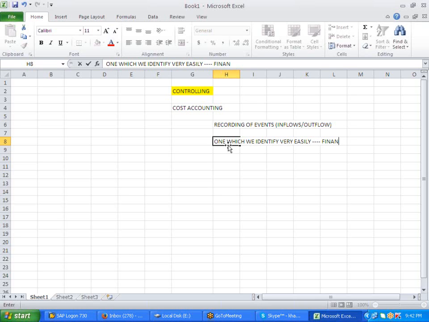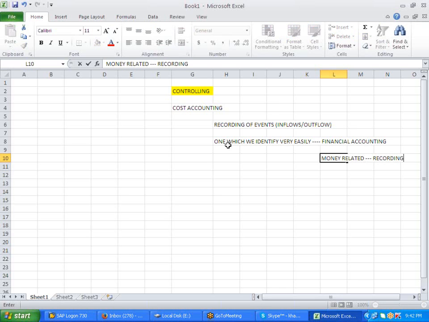Financial accounting, there you go. This is what we did, Amua, right? So financial accounting is one which is very easily identified. What is it doing? It is recording money related transactions, right? Money related recording.